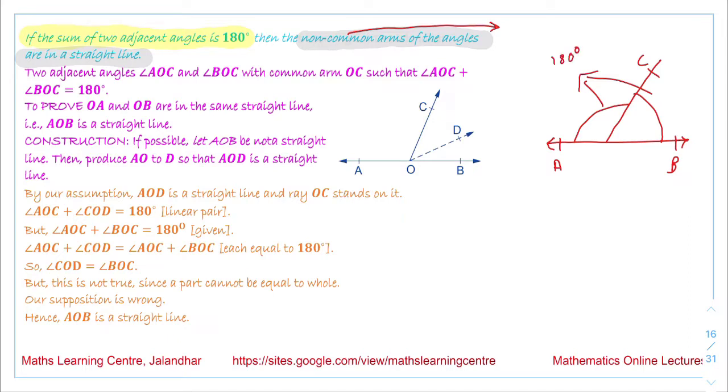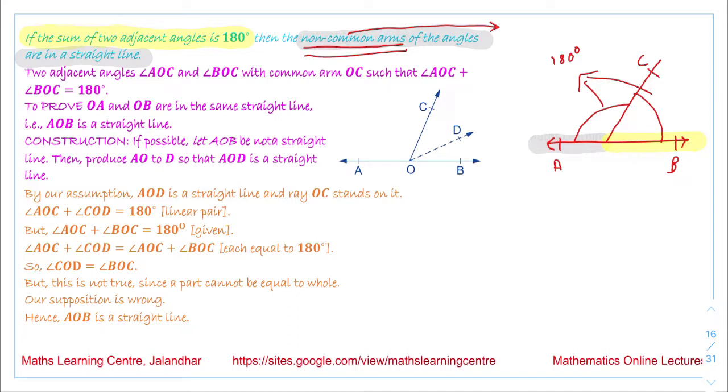But the non-common arms, we are talking about this arm and this arm. We are saying suppose they are not in a straight line. So if they are not in a straight line, what we are going to do, we are going to make them in a straight line.